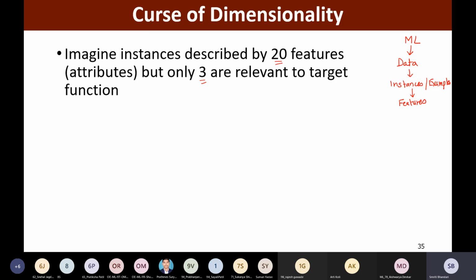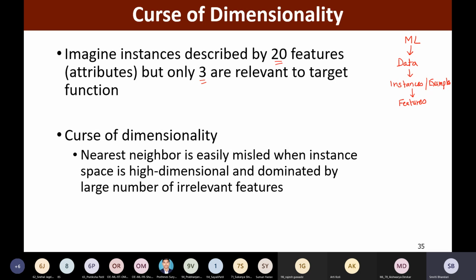So, if out of 20 features only 3 are relevant, then the remaining 17 features may adversely impact our target function or our result. And this is the problem of curse of dimensionality.